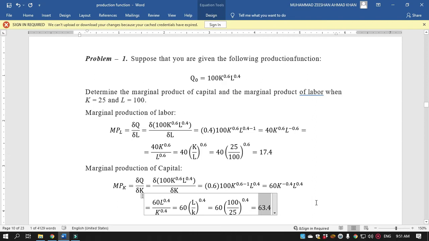So it's about information. Now the manager is responsible for the decision, and he has to have some information about the prices of labor and capital. He knows that at that combination of labor and capital, the output increases by 17.4 if one additional labor is employed, and 63.4 units of output will increase by adding one extra unit of capital.